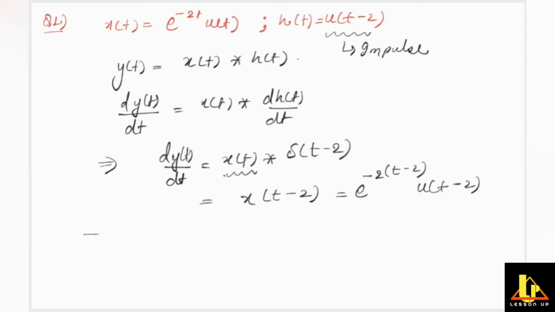Now we got dy of t by dt, and if we need to find y of t, then it will be the integration from minus infinity to infinity of e to the power minus 2 into t minus 2, into u of t minus 2. Okay. So what will be the actual limit? First we will find.